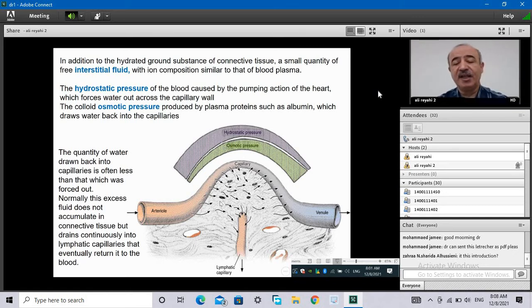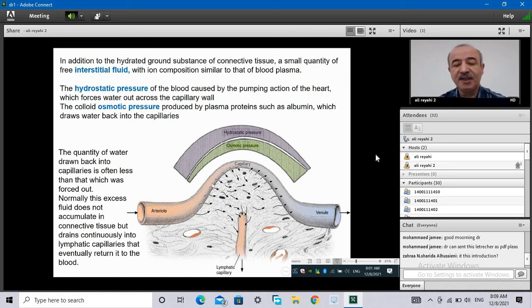The oxygen and nutrients can reach the cells, and when the blood loses the water, it is concentrated by some proteins like albumin, and after being concentrated here, the osmotic pressure becomes higher at the venule end, and this osmotic pressure can drain the water back to the venule, okay?